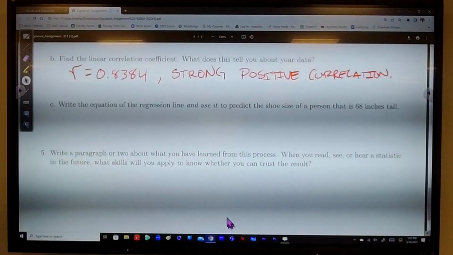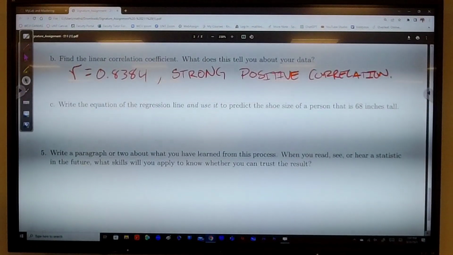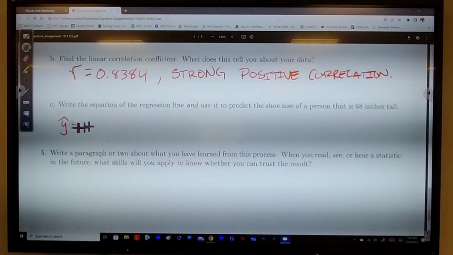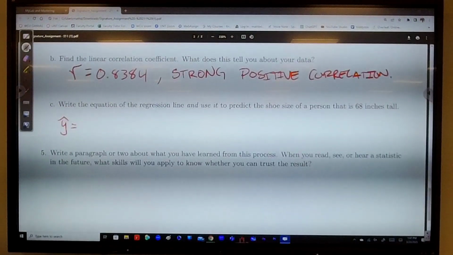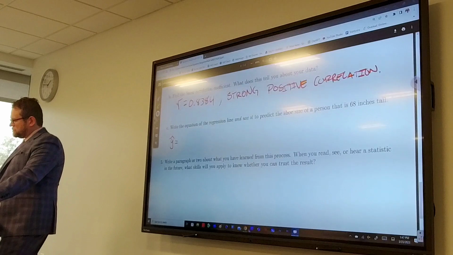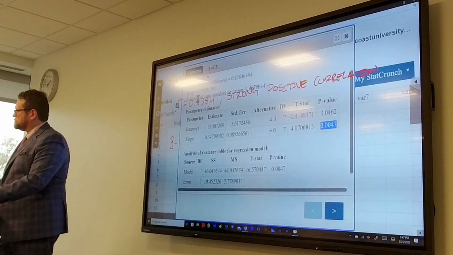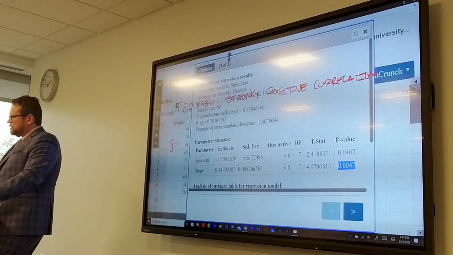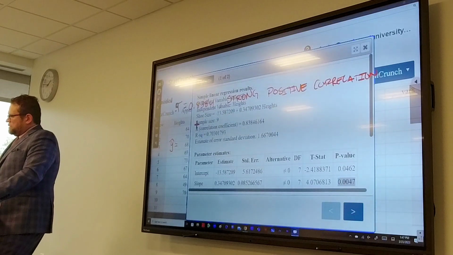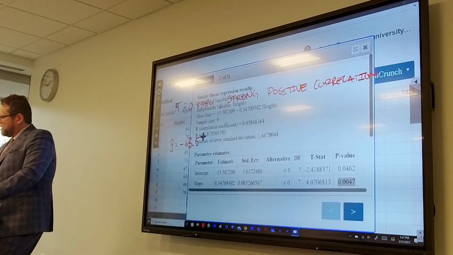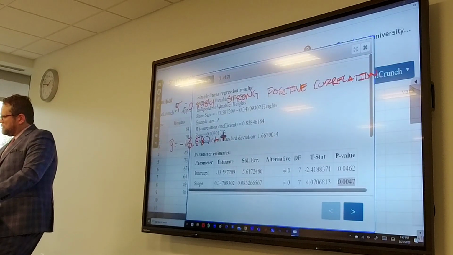Write the equation of the regression line and use it to predict the shoe size of someone that is 68 inches tall. So y hat is equal to negative 13.587 plus 0.347 times x.